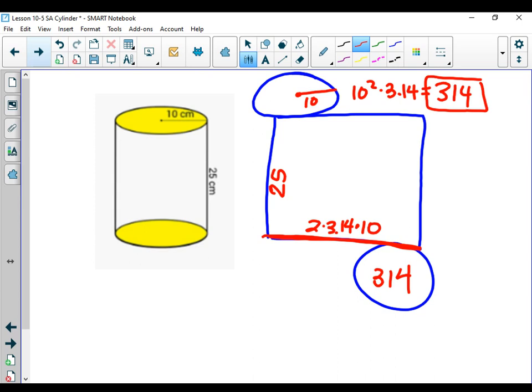Close. Oops, 25. Yes. So we had 2 pi r times 25. Go ahead, Dad. Oops, I did it wrong. Leighton, did you type that in for the rectangle? Base times height.